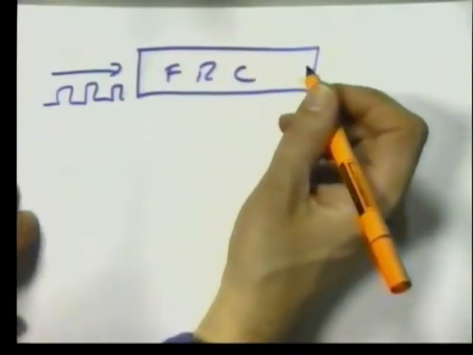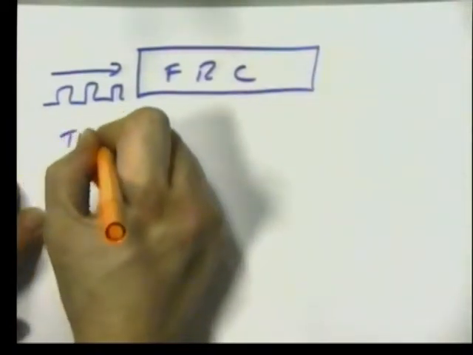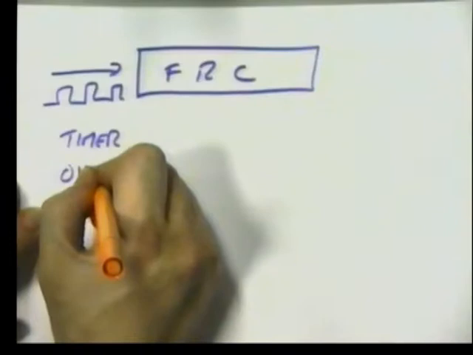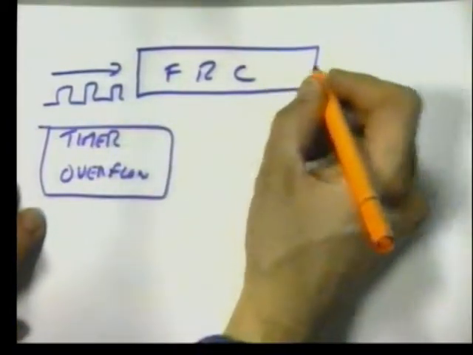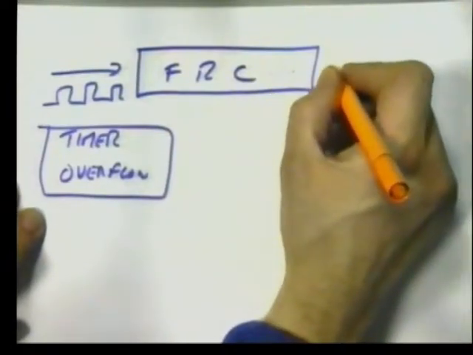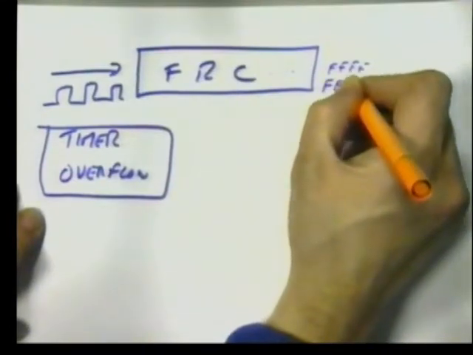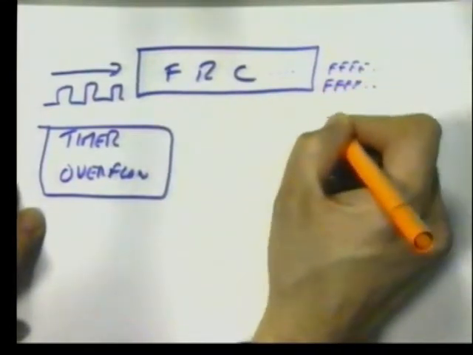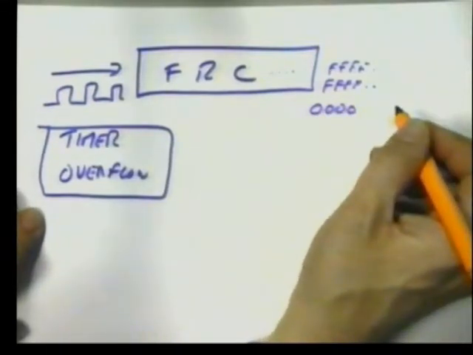And we have here the free running clock. Now, one of the most important interrupts you can get from this is the timer overflow. What that means is that when this finally reaches its terminal count, so it goes from FFFE to FFFF, and it wraps around. It's a 16-bit timer, and remember, computers are stupid.